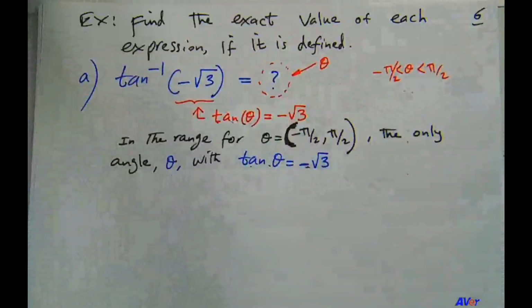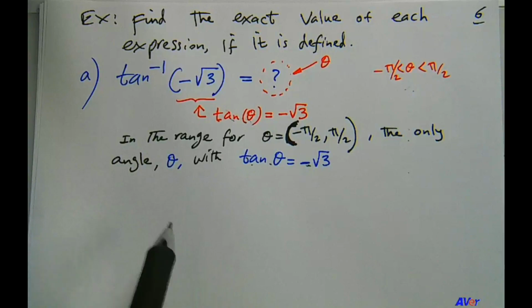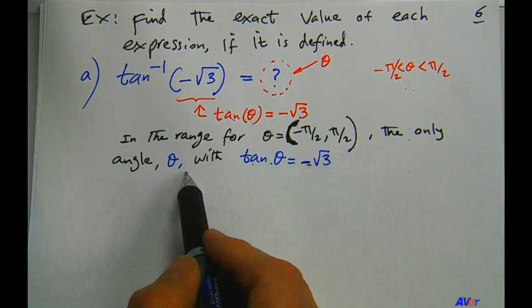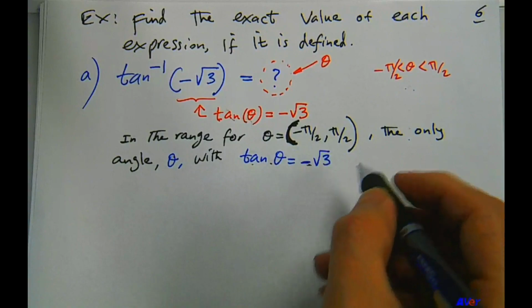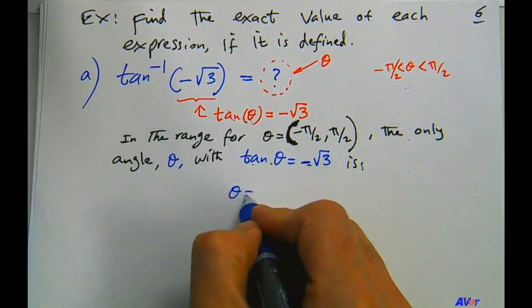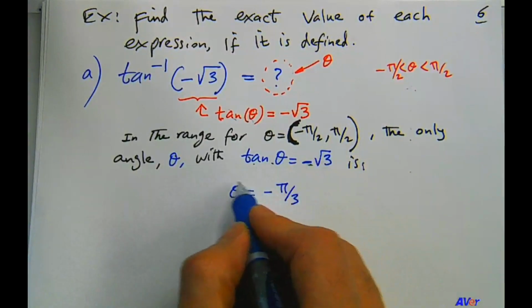So in that case, the only angle theta with this result in this range is theta equals minus pi over 3.